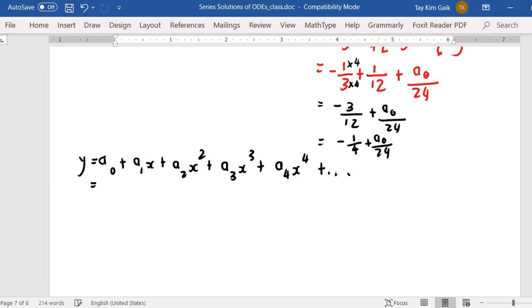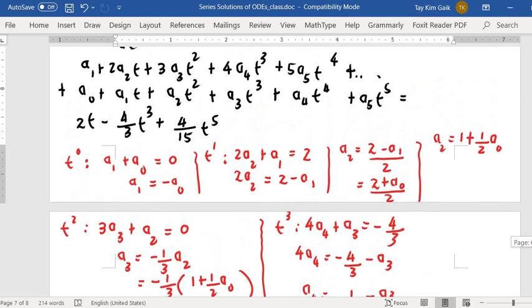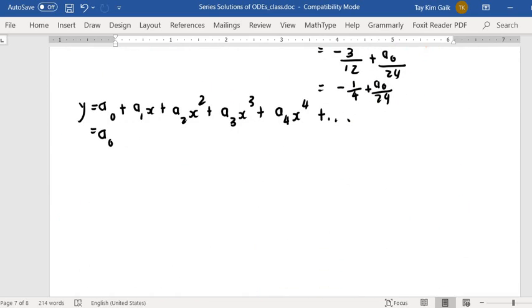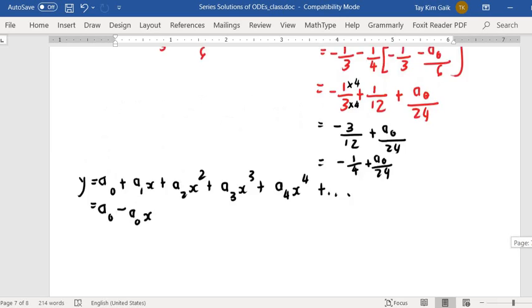For first order, the constant will be in terms of A0. Call back, what is A1? A1 is negative A0, so A1 is negative A0x. Call back, what is A2?